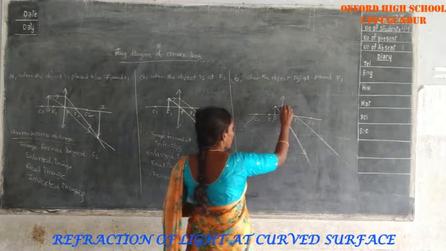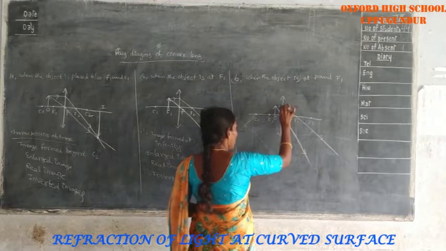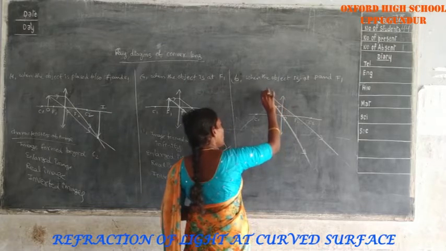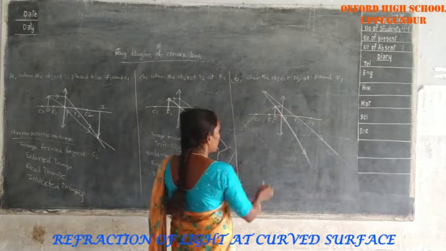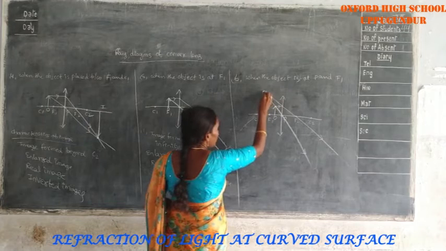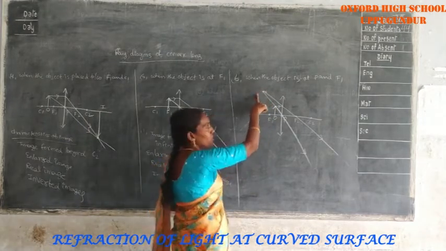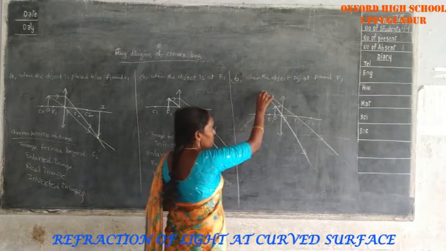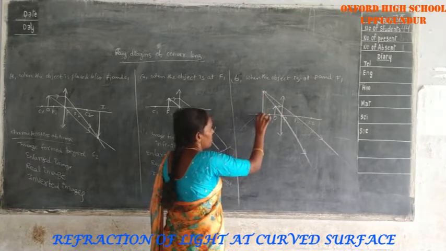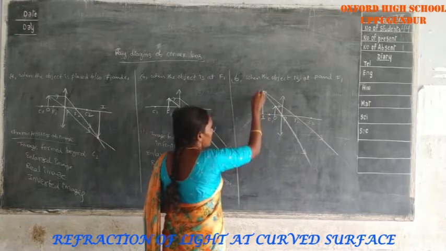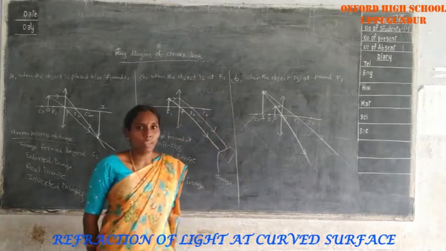See, if the two refracted rays are extended backwards, at a certain point the two refracted rays meet. This point gives the image of the object. There is a straight line from this point to the principal axis. This indicates the image height.